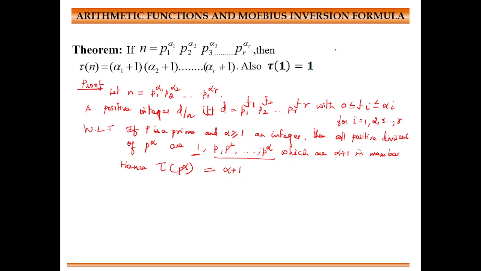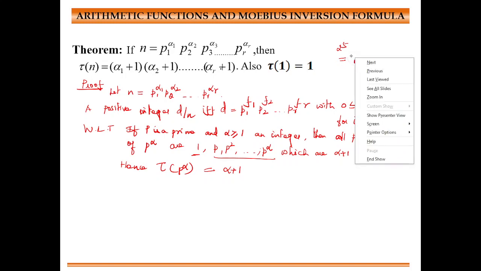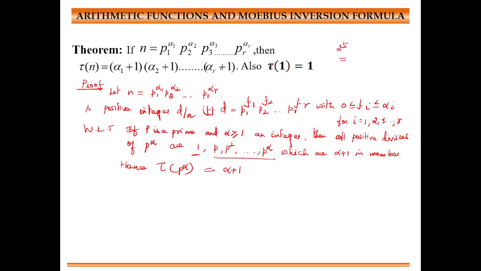For example, consider the divisors of 2 power 5. They can be expressed as prime powers, and 1 is also a divisor of 2 power 5.